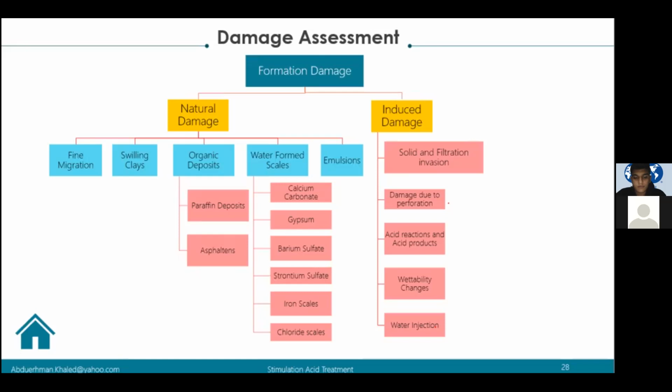There is no need to mention that in the cases of mud losses, that causes invasion of solids and filtrate into the reservoir, which pretty much plugs the flow paths. So the flow will be either restricted or sometimes prevented from flowing. It depends on the overbalance pressure.